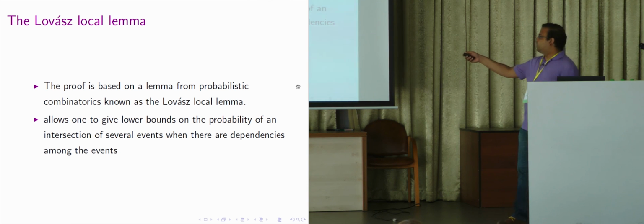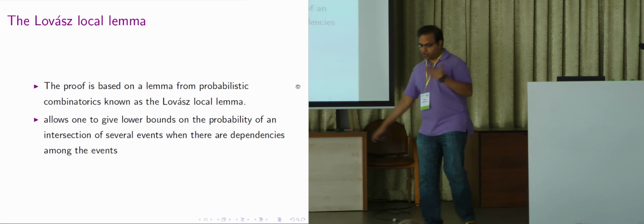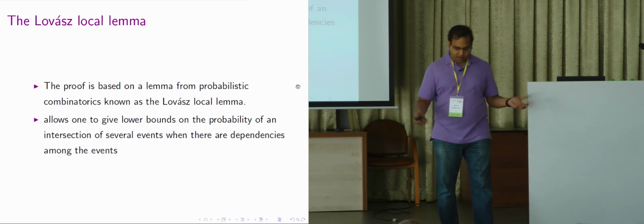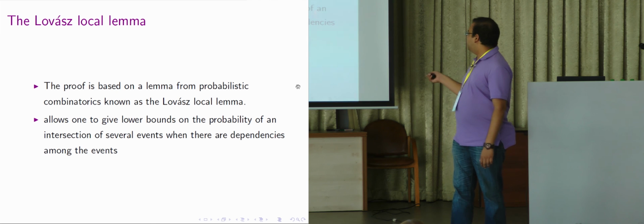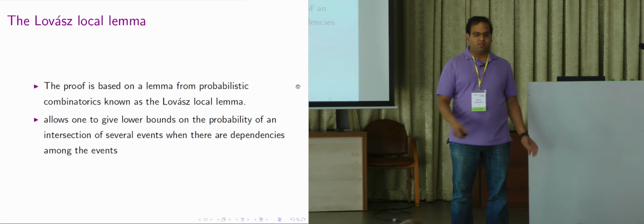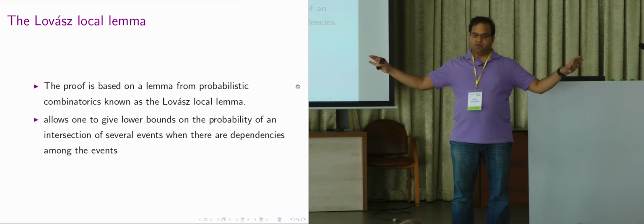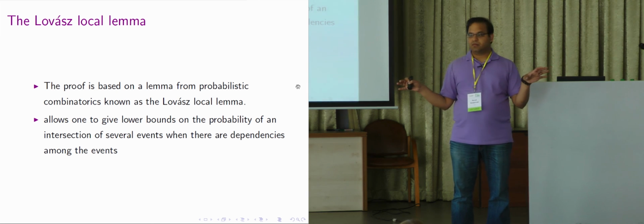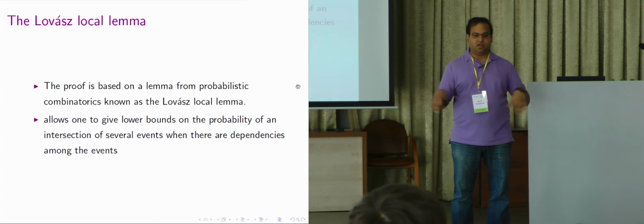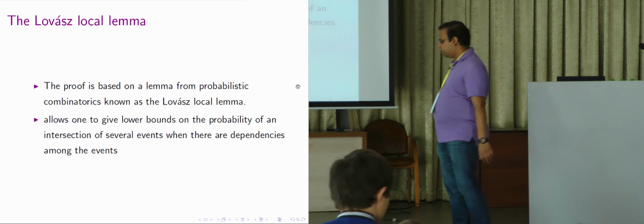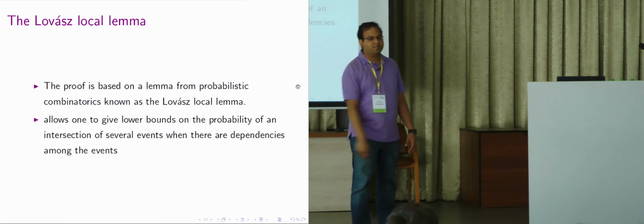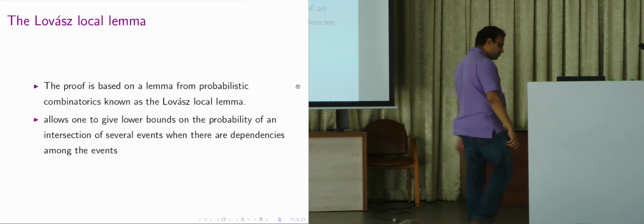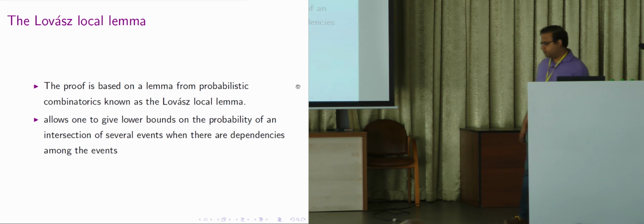So the point of the Lovász local lemma is it's just a lemma in probability theory that gives you some bounds on the probability of the intersection of some events where these events are not necessarily independent. There's some dependency among the events, but relatively small, that can be controlled, and then this Lovász local lemma gives you some bounds on this probability.